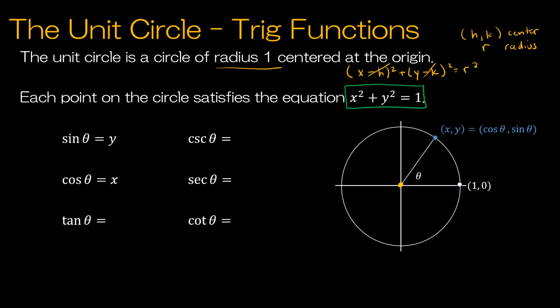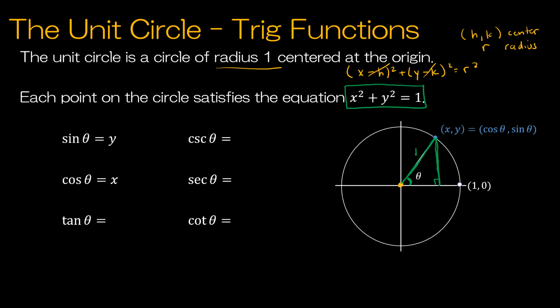So for instance, I already have a radius. This is obviously the radius, which is 1. If I were to draw that radius and then draw a line down, I can see that I have a right triangle. And I have theta, which is this angle right here.